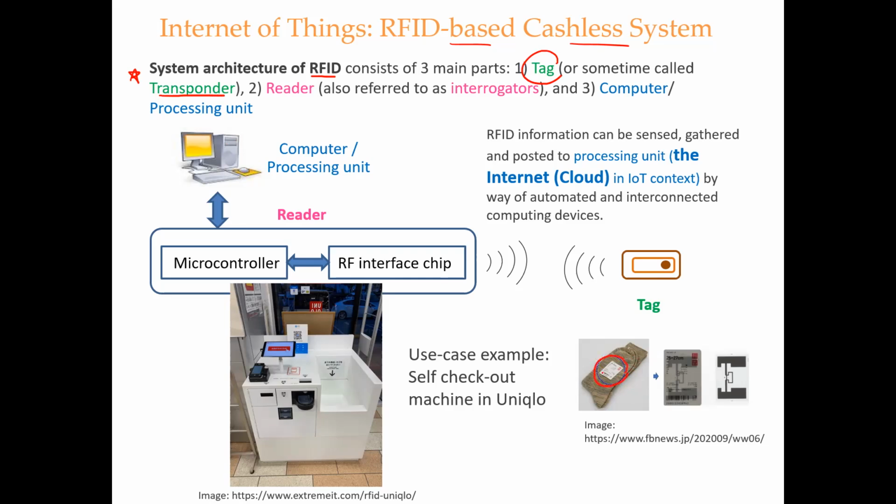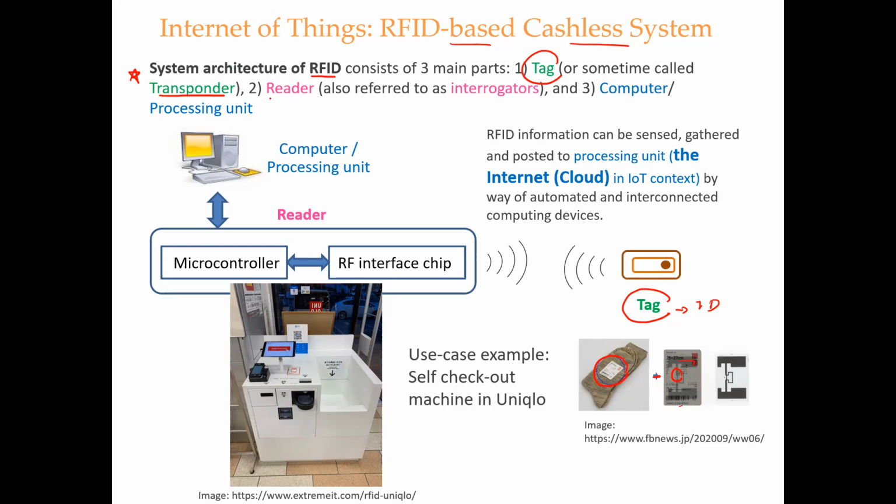In a Uniqlo shop, if you see the sticker right here, behind this sticker is the antenna inside, and the chip inside also. This is called a tag. Then this sock can be identified, for example, that it is for men, or how much it is. It is used to identify the ID.